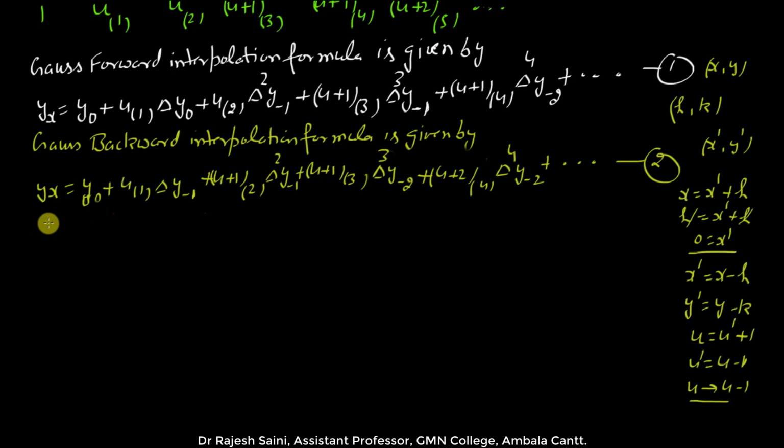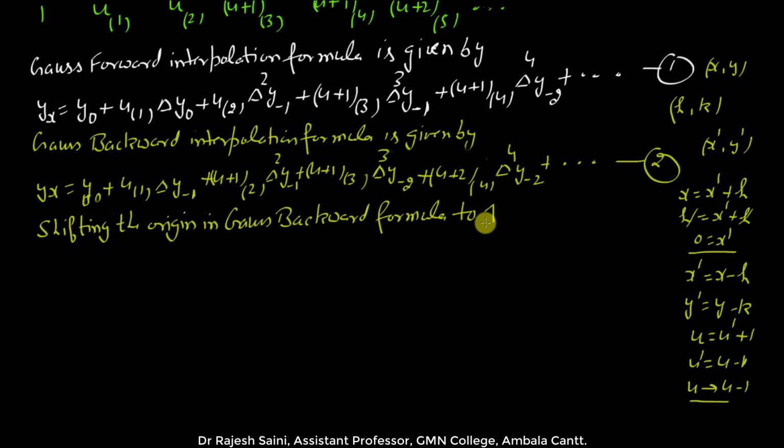So shifting the origin in Gauss backward formula to 1 in equation 2, what we'll get? We'll be getting right over here yx is equal to y1.